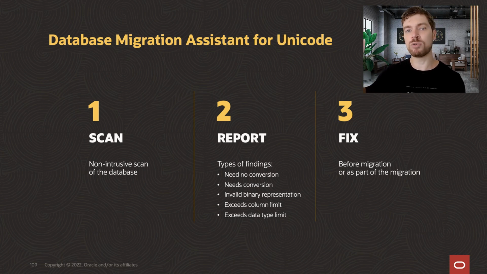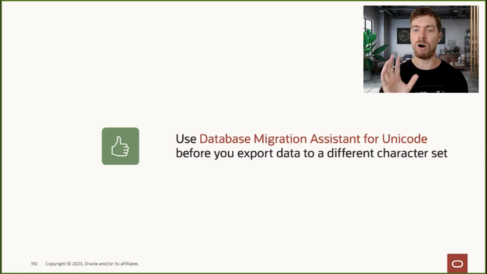If you're moving to a target system where the table will not be able to handle that character after you change the character set, then you would have this error in DMU. So DMU can be used to detect upfront any problem that you would have when moving a dump file to a different character set. So always use DMU before you export the data to a different character set.